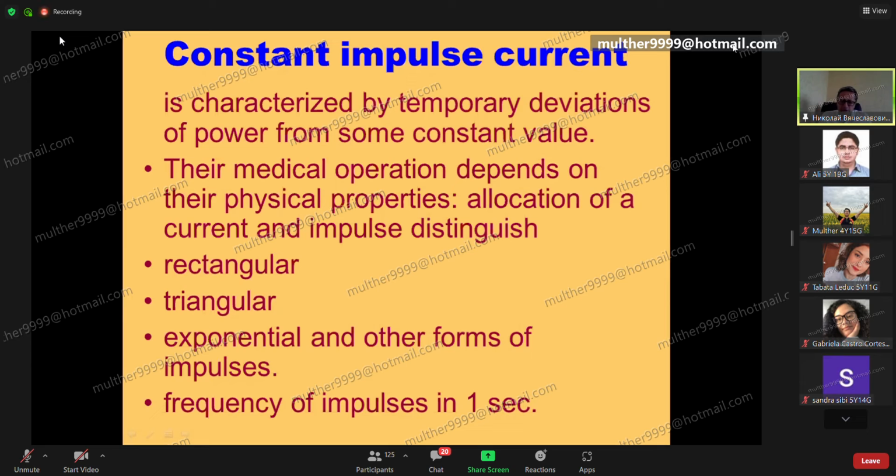Rectangular, triangular, exponential, and other forms of impulses are typical for impulse current. We can measure frequency of impulse in 1 second. The unit of measurement is hertz.